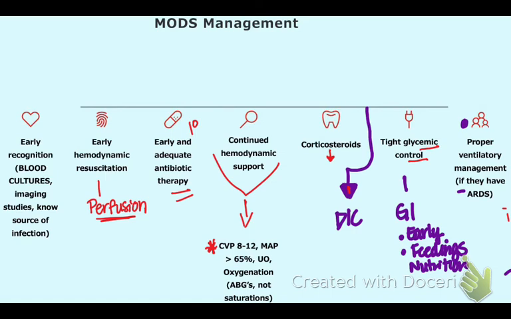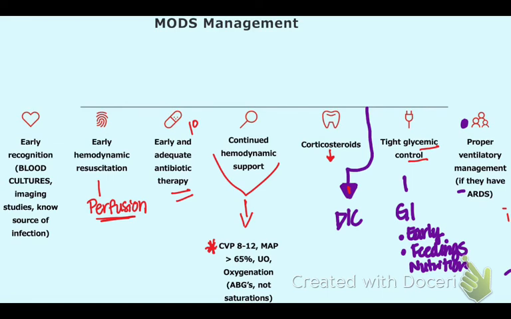Early in MODS, our patients are usually hyperglycemic because they are using up all of this. As the liver starts to fail, late in MODS, the patient could become hypoglycemic because of that. So that's also a possibility.